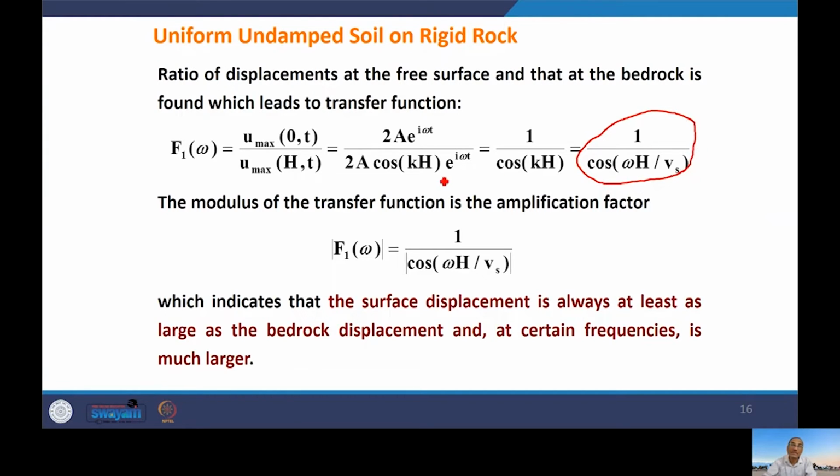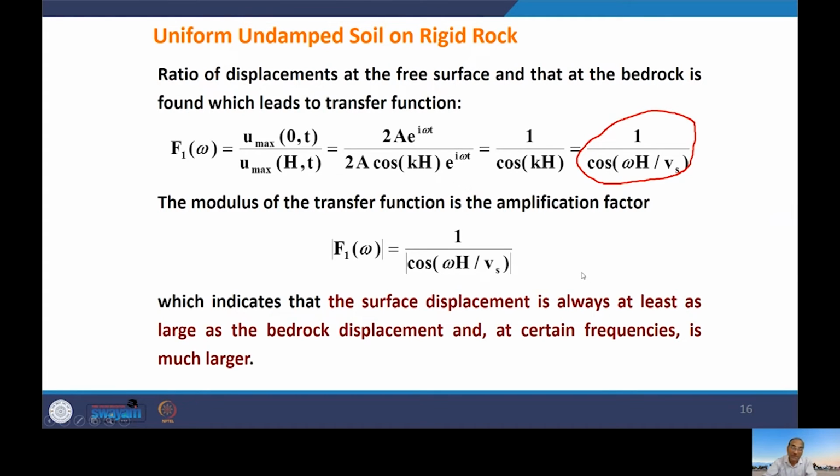Now, cos of omega h over Vs could be either positive or negative. But because we are interested only in the magnitude rather than the direction, the modulus of this transfer function is called the amplification factor, and it is given by this relation, irrespective of whether cos theta is negative or positive.